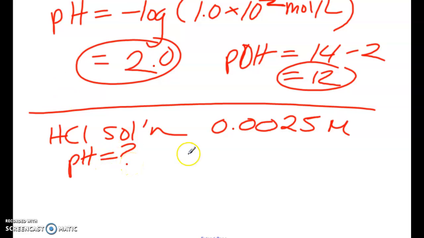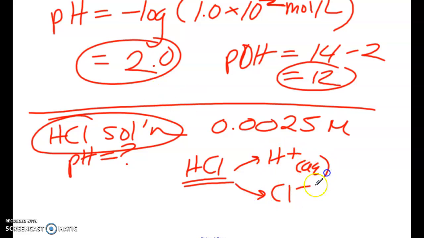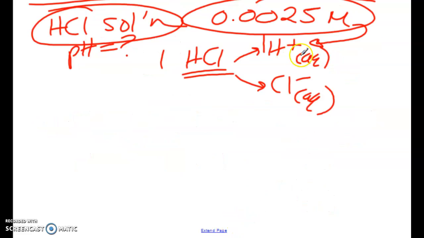Well, you have to remember that this is essentially ions in solution. So this is really hydrogen ions and chlorine ions. So when we talk about this concentration, it's a 1-to-1 ratio with the ions that are produced. So this actually is the hydrogen ion concentration.